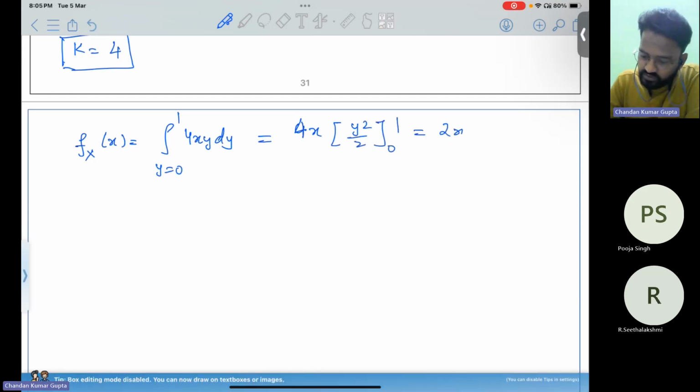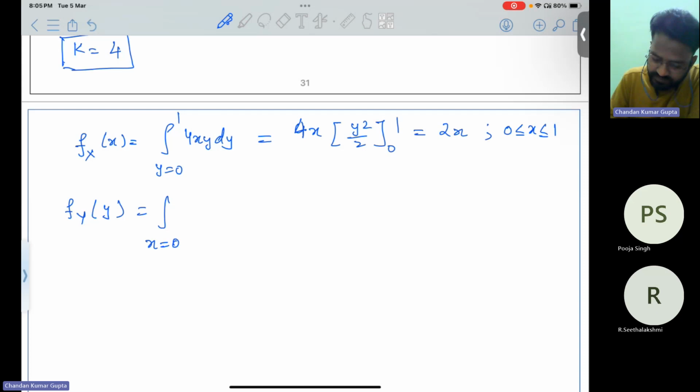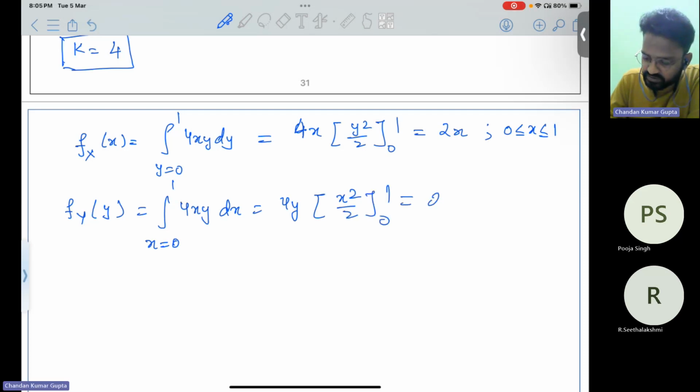This comes out to be 2x. In a similar manner, fy is 4y times x square upon 2 from 0 to 1, which is 2y.